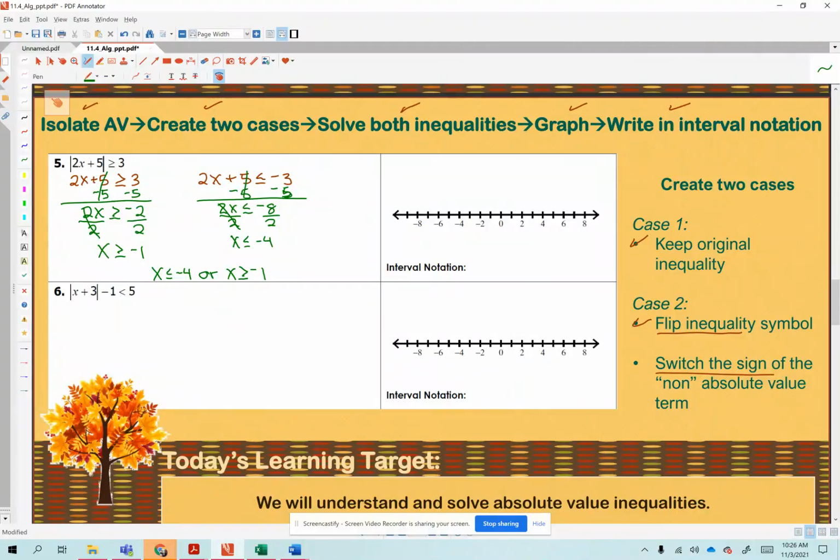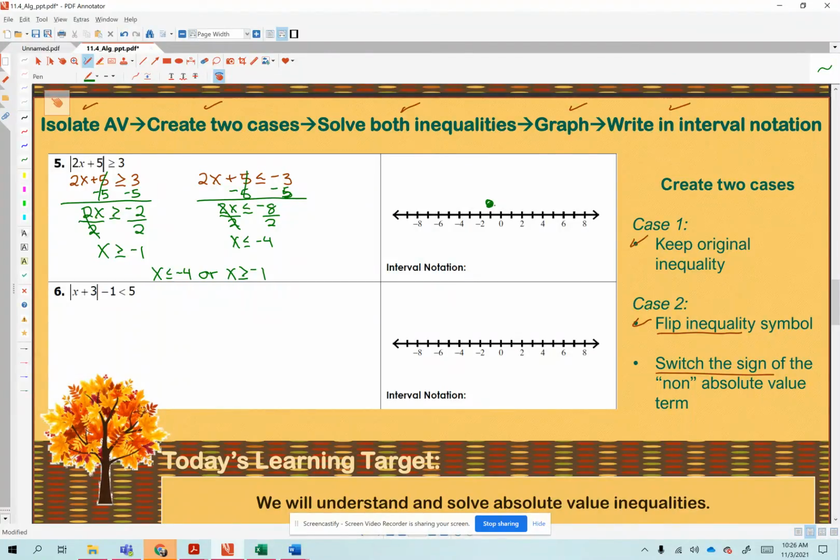We'll use closed dots on the graph. We have negative 1, and we know that x is greater than or equal to negative 1. I'm sorry, x is less than or equal to negative 4, greater than or equal to negative 1.